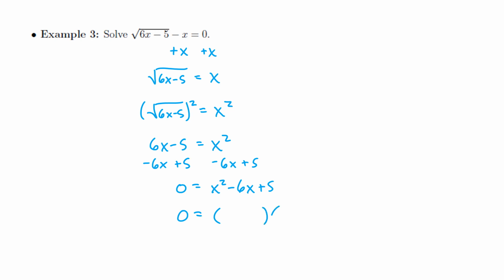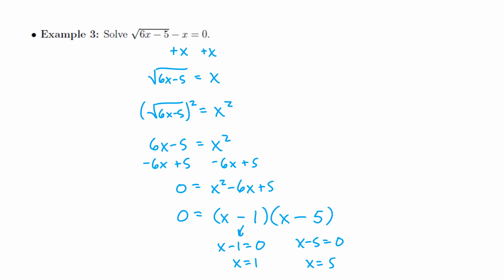So I would just probably try to factor it real fast because this would be quicker than the quadratic formula if it works. So I know that I would need a 1 and a 5 to make 5, and they would both have to be minuses so that it made negative 6x when I added the outside and inside, and that works. So we have x minus 1 equals 0, so x equals 1, and x minus 5 equals 0, so x equals 5. All right, great.